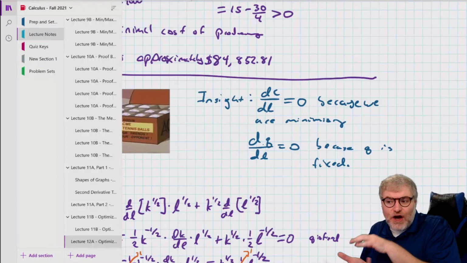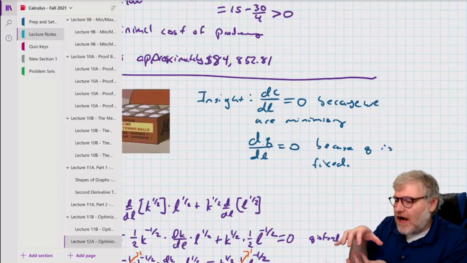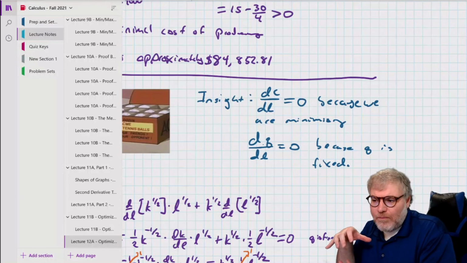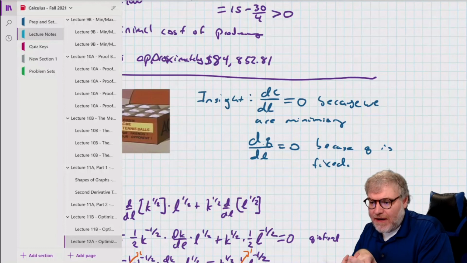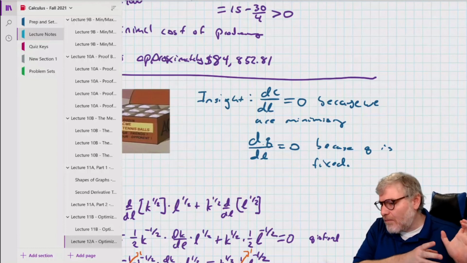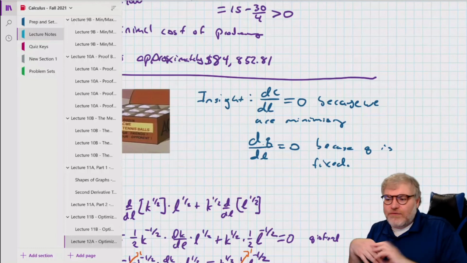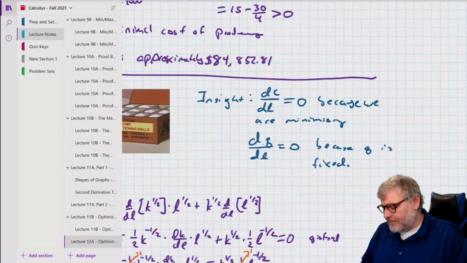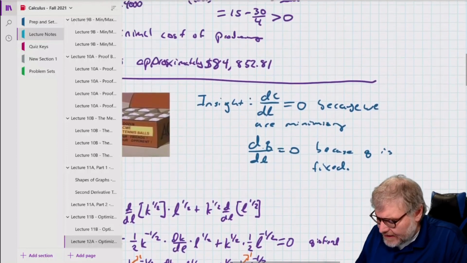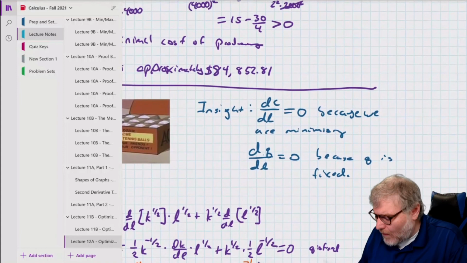So the derivative of the cost is simply going to be 0. Likewise, if I'm minimizing cost, I'm going to set the derivative to 0 because I'm minimizing, but then I'll have some fixed output. So that derivative is 0 anyway because it's fixed. So that was the idea. I'm setting both to 0 no matter what I do.